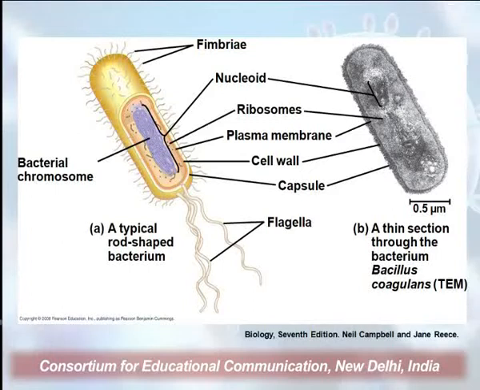Now, in the diagrammatic representation, there is a presence of a bacterial chromosome, which is a single circular DNA, but there is no presence of any nucleus in which the DNA is present. So, it is present only in the nucleoid, while the ribosomes are present, the plasma membrane is present and the cell wall is present.